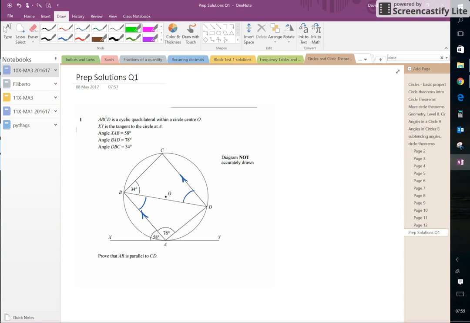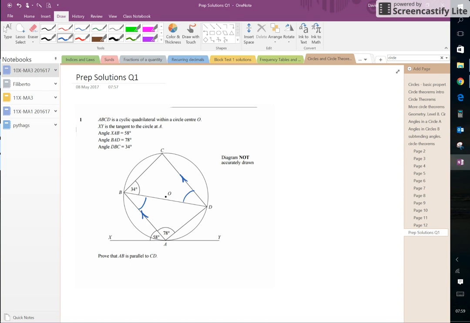Now, one of the first things that you should notice in this question is that we have chords meeting tangents. There's a chord here, it meets the tangent. There's a chord here, it meets a tangent. And one of the things that we know about chords meeting tangents is the alternate segment theorem.